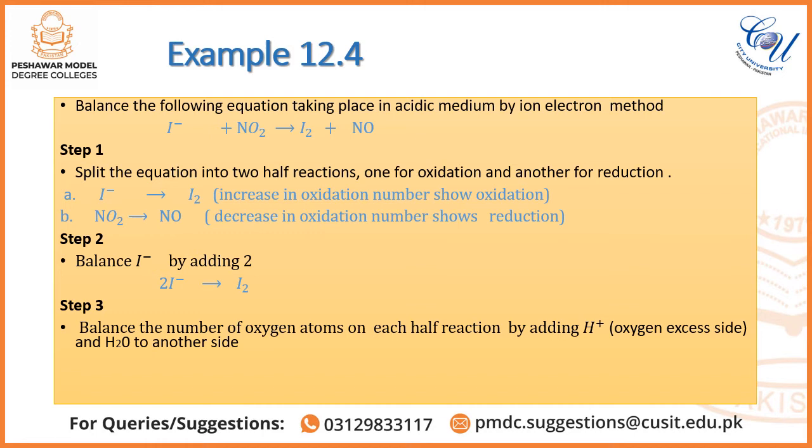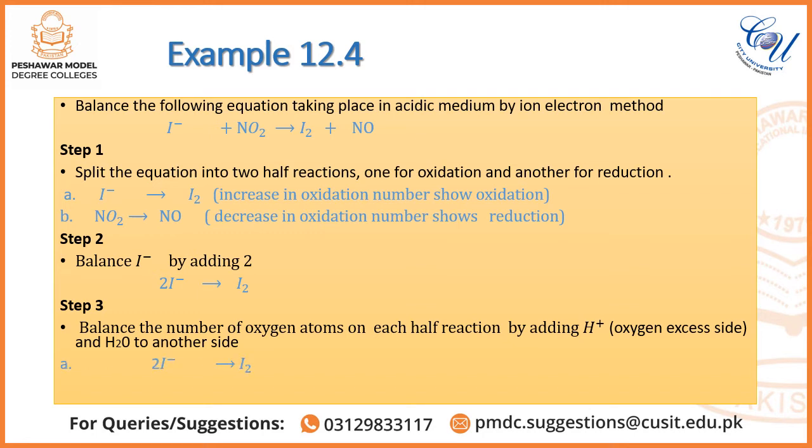It means that on the reactant side we have one oxygen atom more than on the product side. Now the rule for balancing such oxygen atoms is that first of all we add H plus ions, if we are balancing the equation in acidic medium, on that side of the equation that has more oxygen atoms, or on the oxygen excess side.